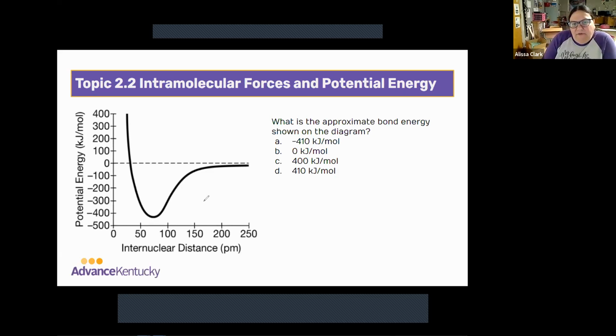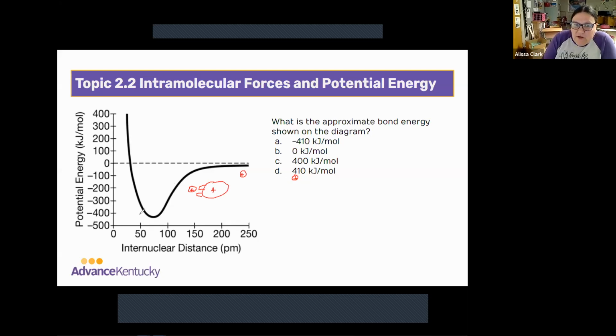So if they are very, very, very far apart, their potential energy is assigned a value of 0. As they approach one another, the nucleus of one can begin to exert an attractive force on the electron cloud of the other, and vice versa. And the potential energy of that system goes down to a minimum.